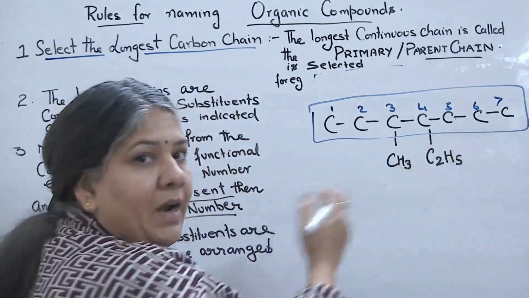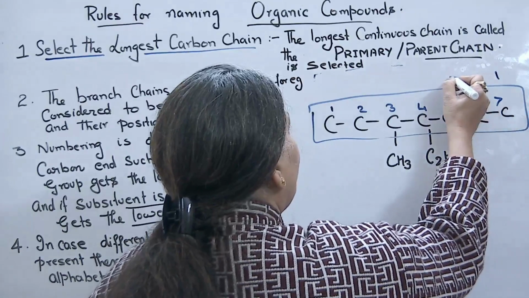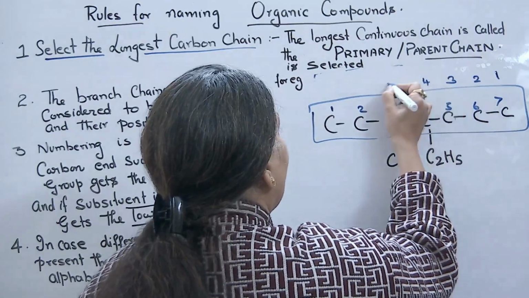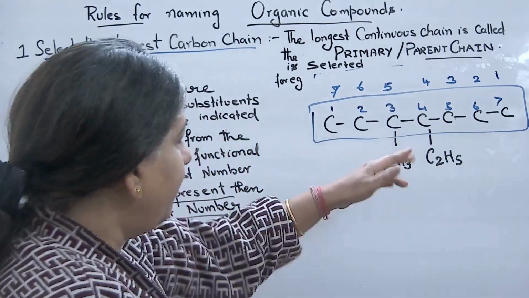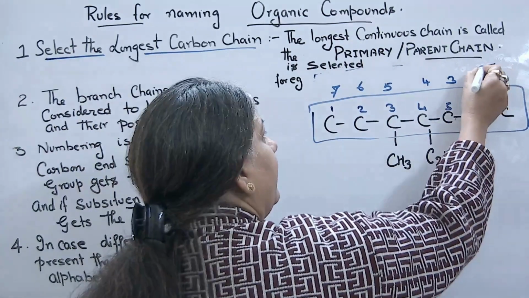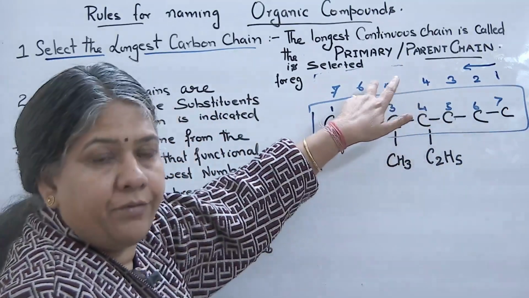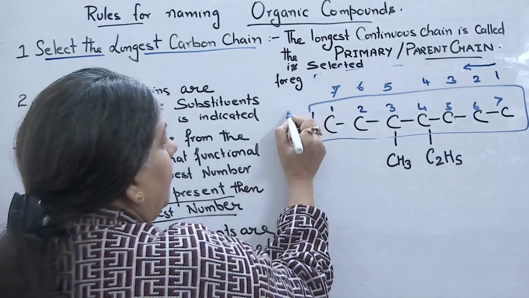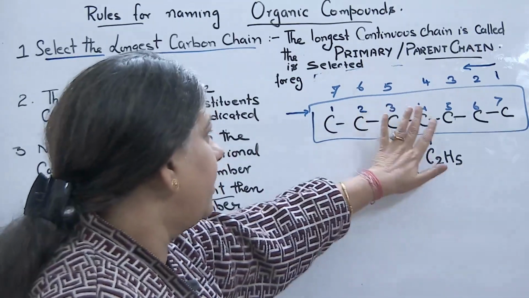If we begin from the right end, let's see what will happen. 1, 2, 3, 4, 5, 6 and 7. So if we begin from the right end, the substituents will get numbers 4 and 5. And if we number from the left end, the substituents get the numbers 3 and 4.